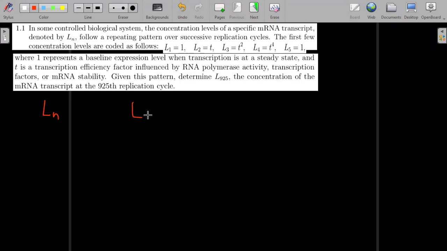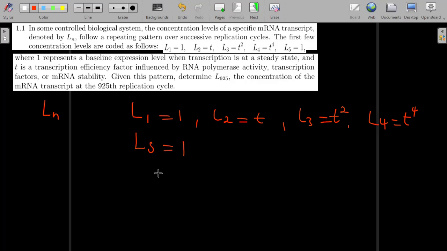L1 equals 1, L2 equals t, L3 equals t to the power 2, and L4 is t to the power 4.